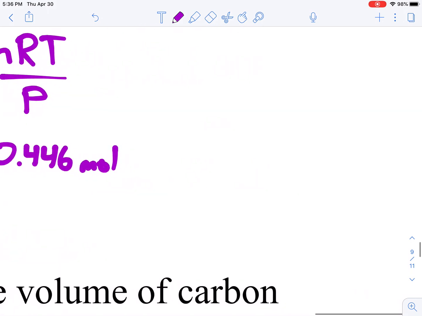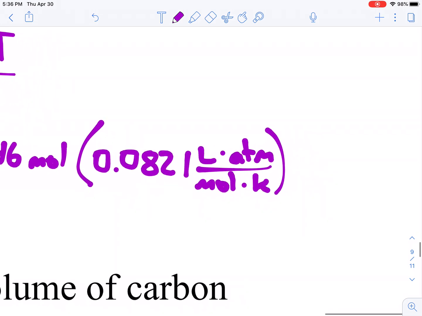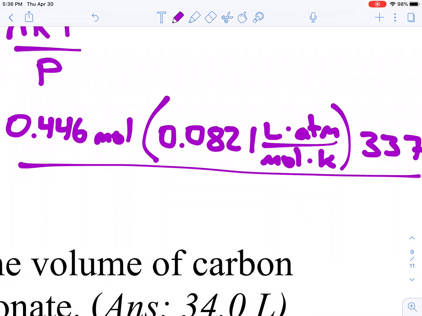We know R is 0.0821 liters times atmospheres over moles times Kelvin. We know that there's a temperature involved. It's 337.7 K. And we're putting all of that over our pressure, which is 1.76 atm.